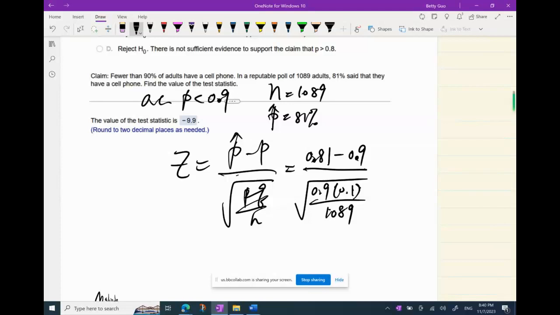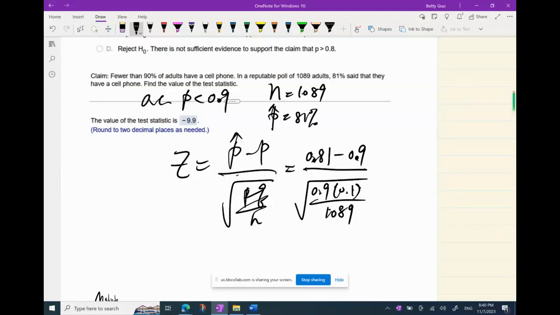Okay, you go to the main screen. I would do this: first, I use 0.81 minus 0.9. I have the numerator, negative 0.09. Then divide that by the square root.